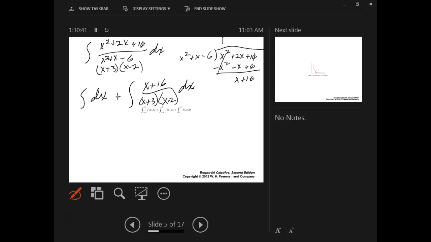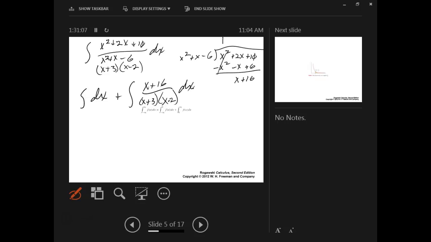Right? See what we did? The quotient goes in the first integral, and the rational fraction goes into the second part: x plus 16 over the divisor, but let's write it in factored form. So that's why factoring was a good idea. We didn't need it right then, we need it here.